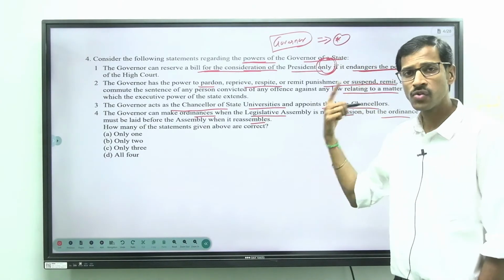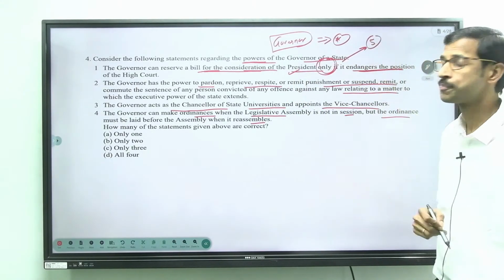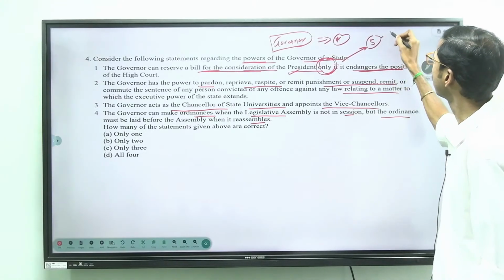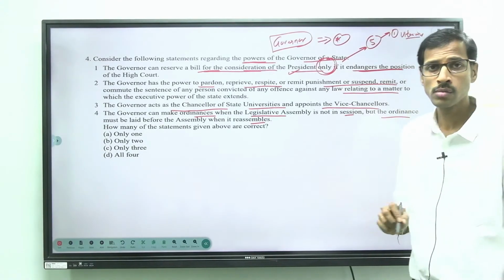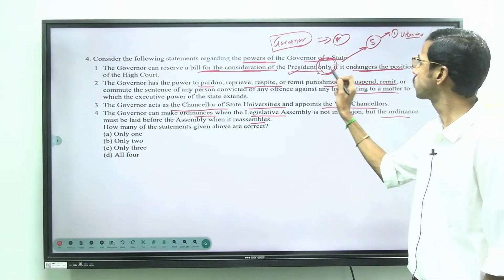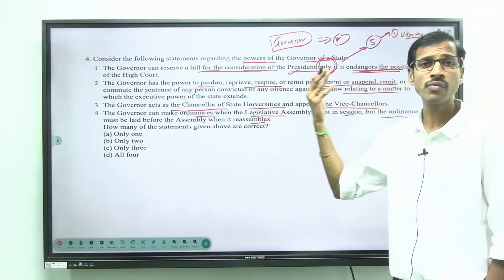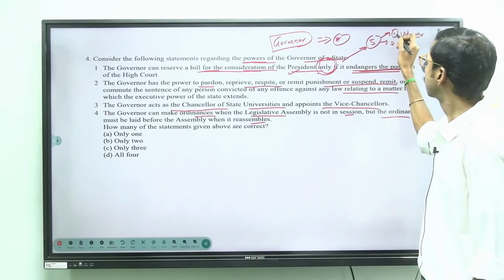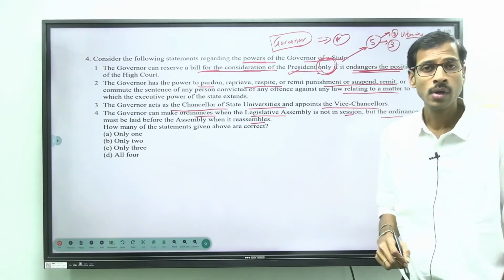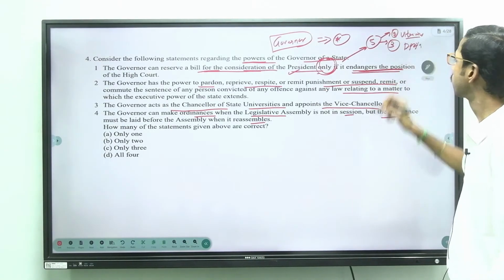Here the governor can reserve a bill for the consideration of the president in five instances. What are those? Whenever the particular bill is ultra vires the Constitution, that is one instance. Apart from this, when it endangers the position of the High Court, that is also one case. That is the second one. Third, if it is opposed to the DPSPs, right?